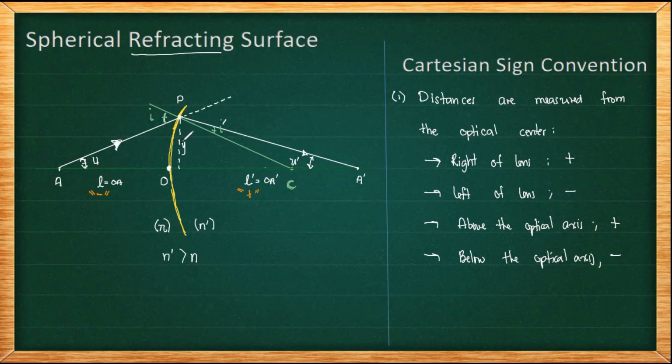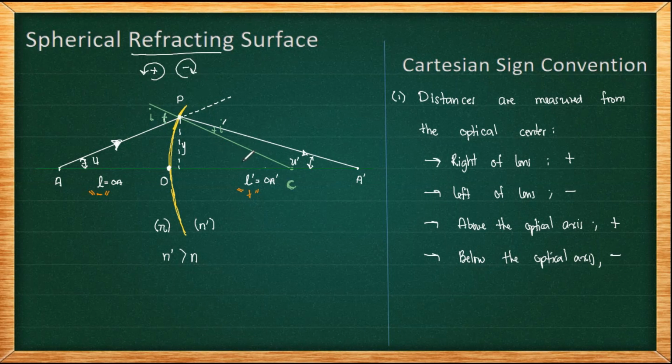So if it's counterclockwise from the normal line, it's positive. Again, let me just do it here. Counterclockwise from the normal line, that's positive. And then clockwise will be negative.